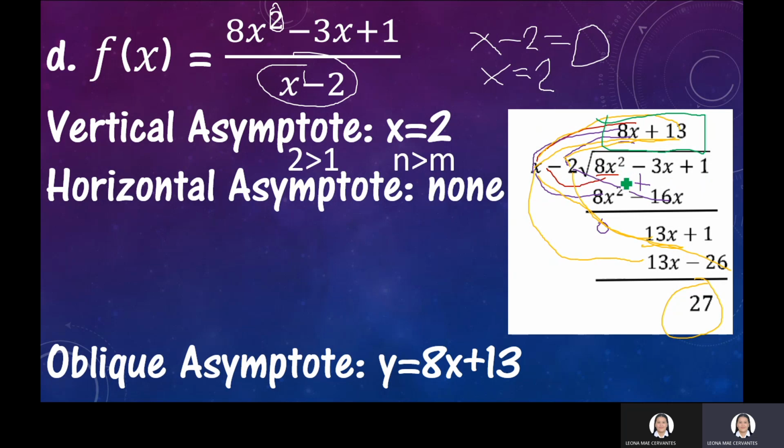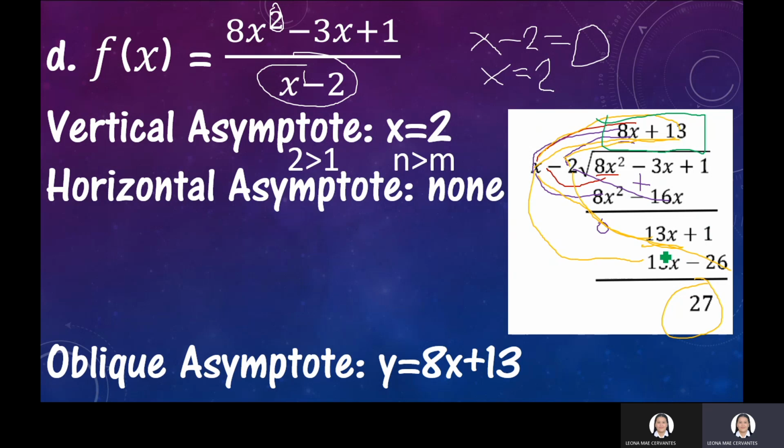So, 8x squared divided by x, 8x. 8x times x, 8x squared. 8x times negative 2, negative 16x. So, 8x squared minus 8x squared, 0. Negative 3x minus negative 16x, positive 13x. Then bring down the positive 1.